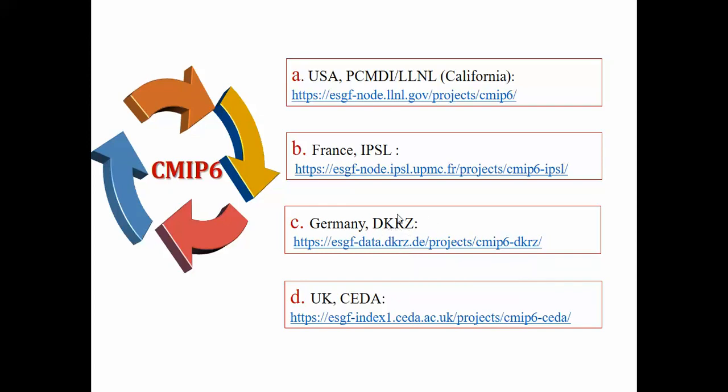It is an essential gate that has lots of publications and also models for CMIP5, CMIP6, and other MIPs for climate change conditions. And the fourth is for the United Kingdom, called CEDA. By this link also, you can create a user account and use different CMIP6 models.